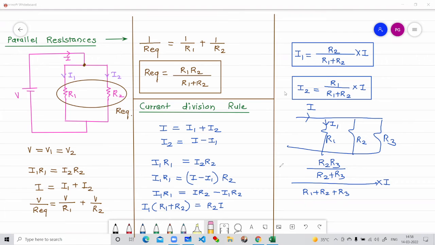Very correctly you did the first step. But the second step is wrong. What is wrong, Darshan?